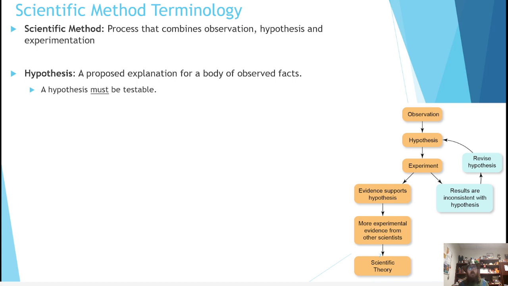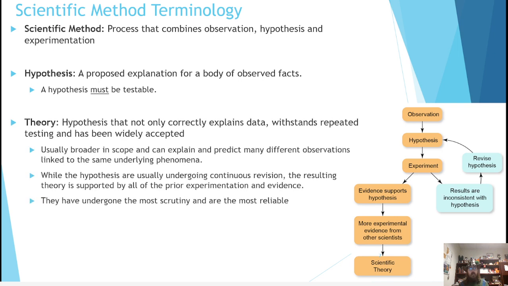Only then, if enough experiments are successfully reproduced, you develop a scientific theory. Now, a theory is a hypothesis that will not only explain the data correctly, but it should also withstand repeated tests and generally is widely accepted among the scientific community.